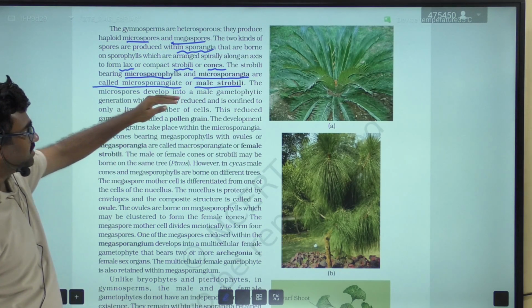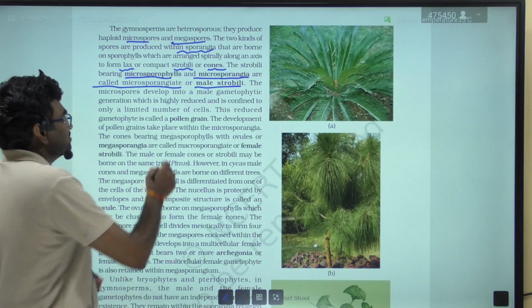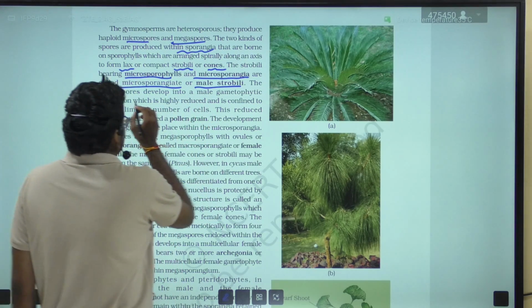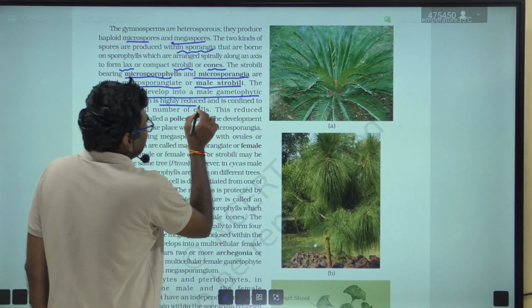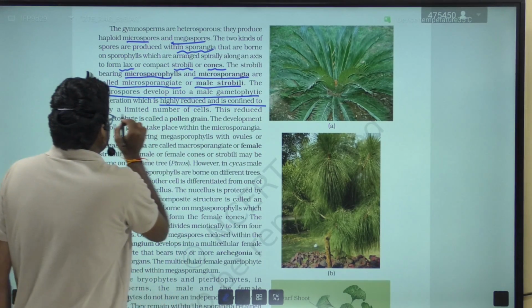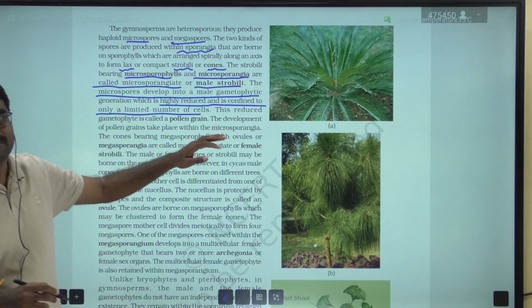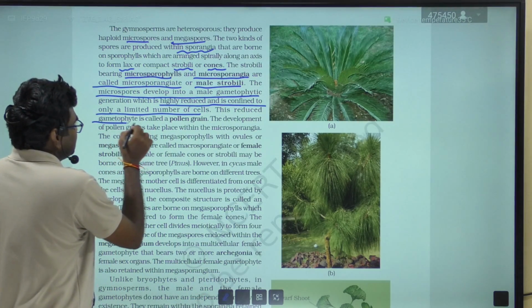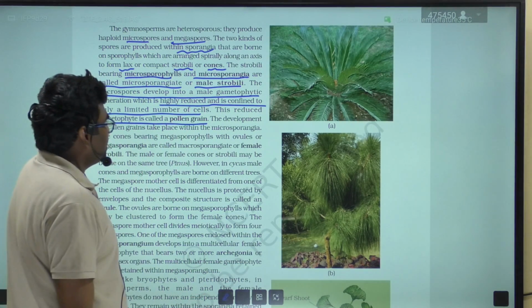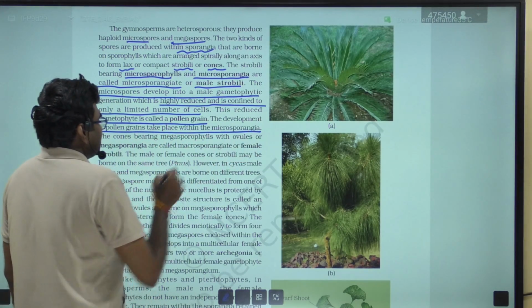The microspores develop into a male gametophytic generation which is highly reduced, very important. The male gametophyte is confined to only a limited number of cells. The reduced male gametophyte is called a pollen grain, and the development of pollen grain takes place within the microsporangia.